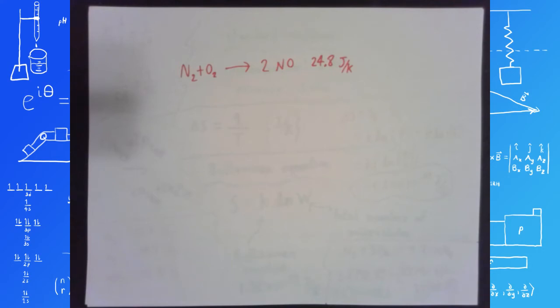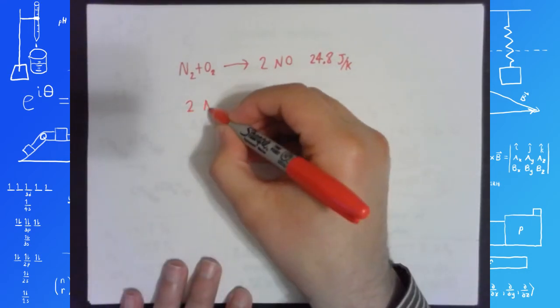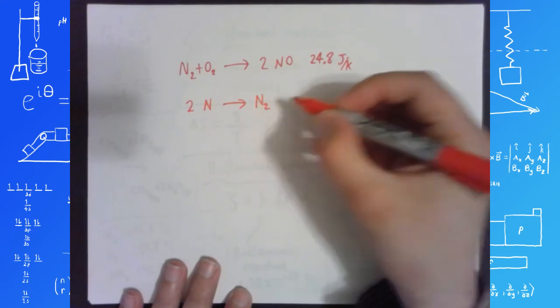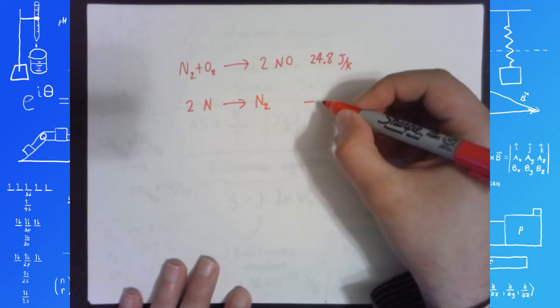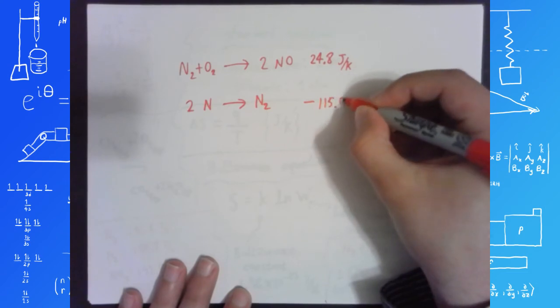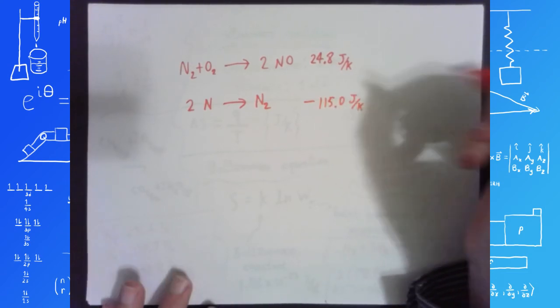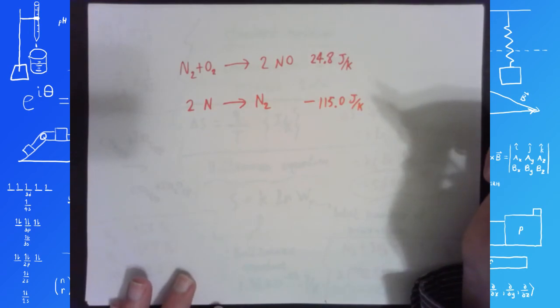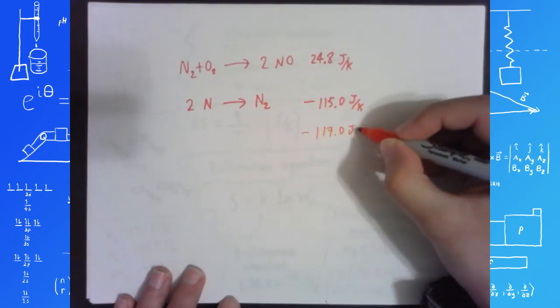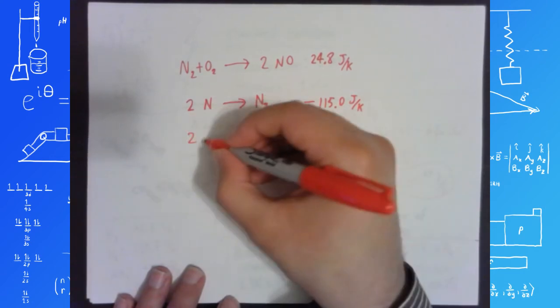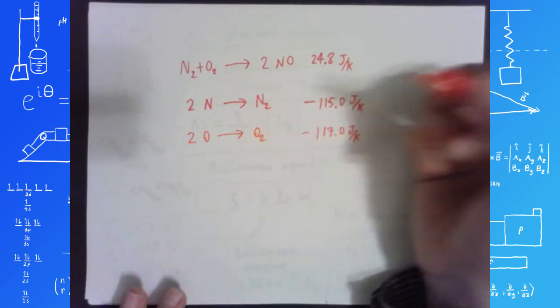Okay, and then the other two reactions are flipped, so that's going to be 2 monatomic nitrogen forming diatomic nitrogen, and since I flipped it, I will take the negative of the delta S, so it's negative 115.0 joules per Kelvin for that second reaction. The third one is 117.0, but when you flip it, it becomes negative 117.0, and that's 2 oxygen forming diatomic oxygen gas.